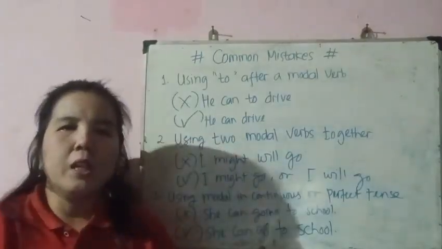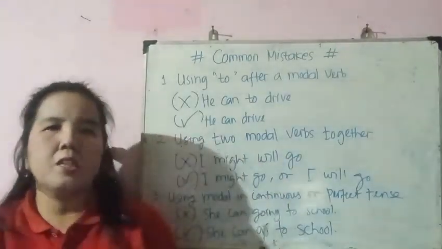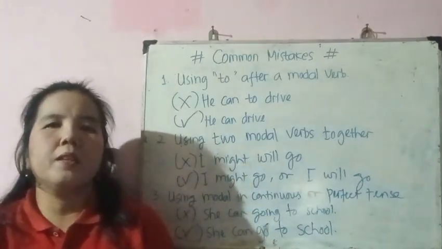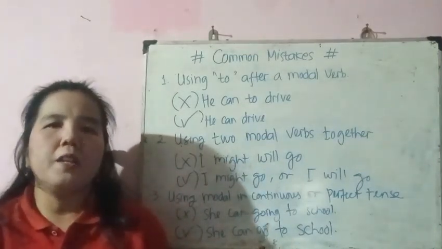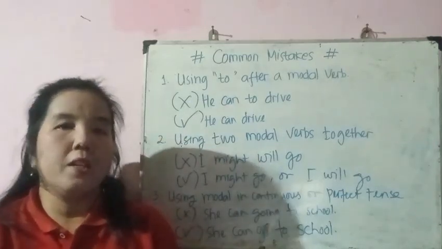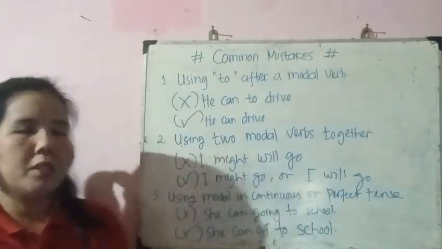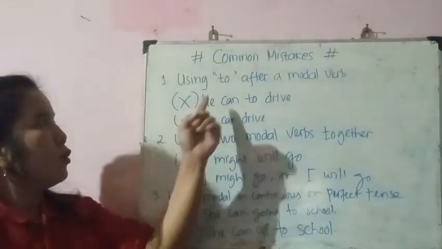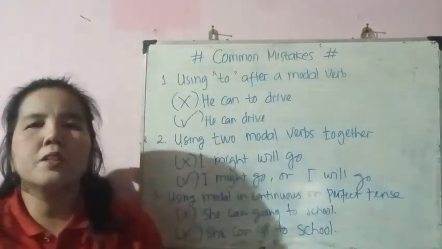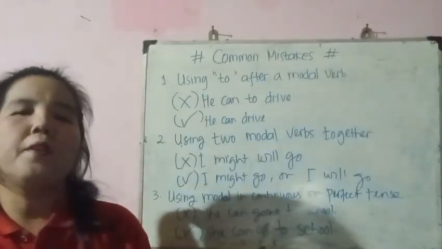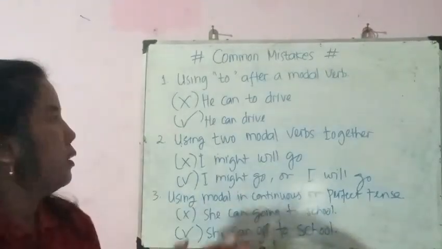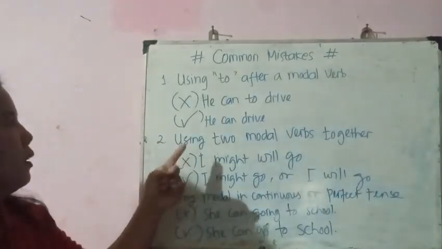Let's take a quick look at some common mistakes English learners often make when using modal verbs. Understanding this will help you avoid them in your speaking and writing. Mistake 1. Using to after a modal verb. Many learners add to after a modal, but that's incorrect. Look at this example.